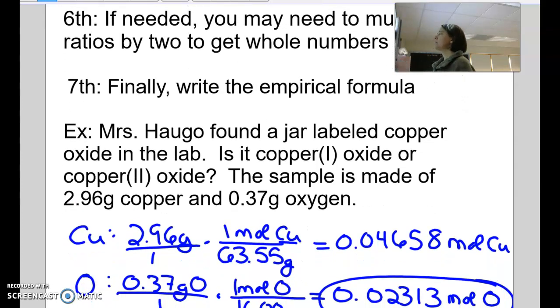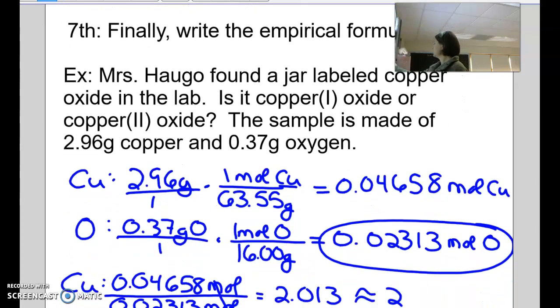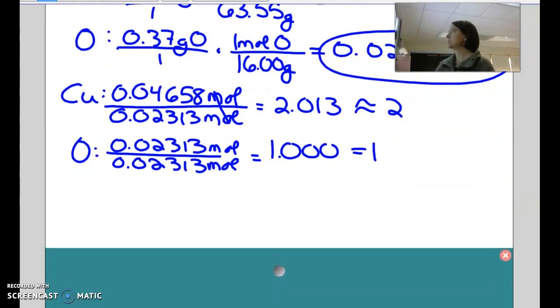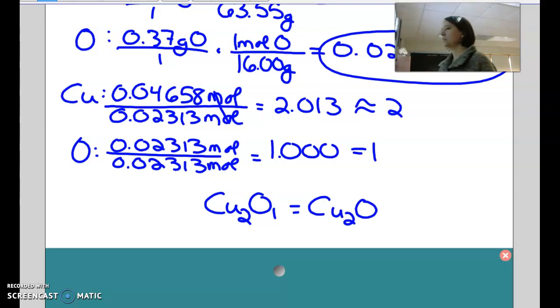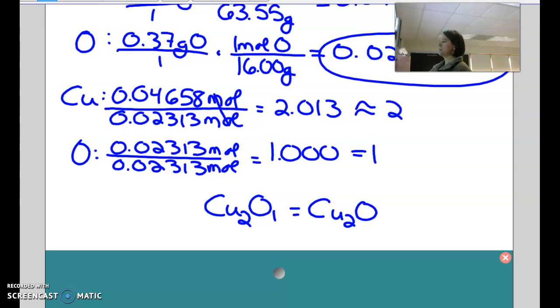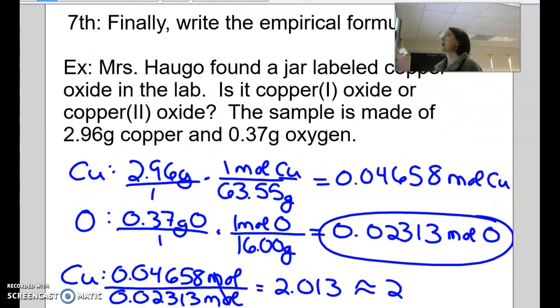And finally, write the empirical formula. So we know that this is copper. So we write our atomic symbol, and the ratio is 2 to 1. So we write 2, and then oxygen 1, but we don't have to write that. So Cu2O. Okay. So which one is that? Is that copper 1 or copper 2 oxide?